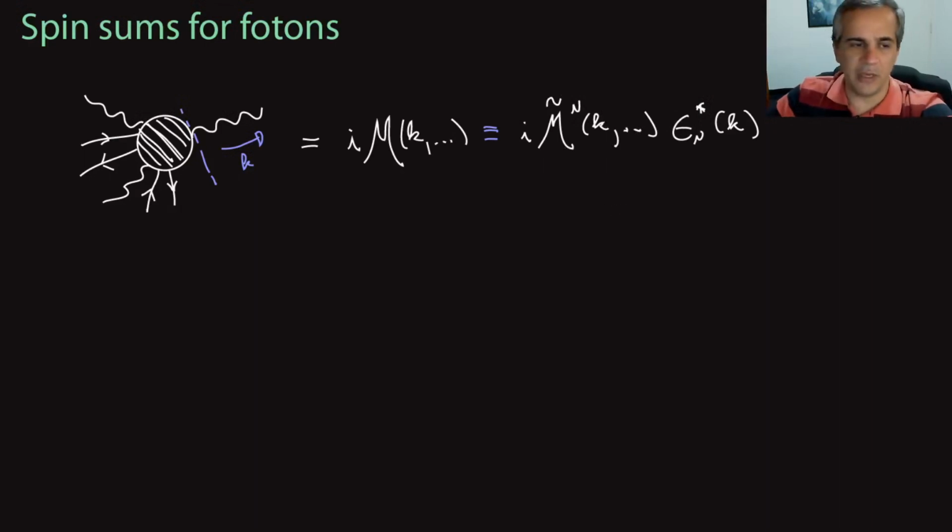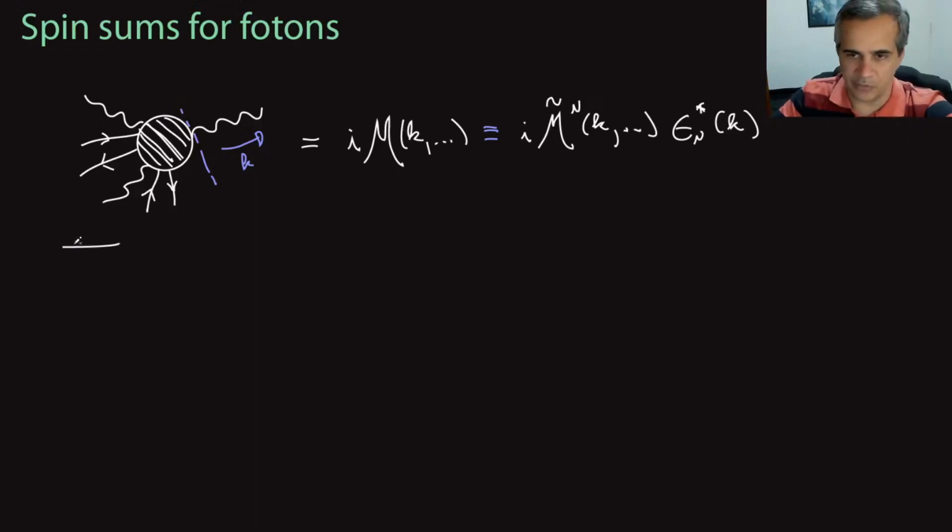And now I have to think how I would go about the polarizations of this photon. Let's suppose, for simplicity first, I'm not looking at the polarization of this photon. I'm measuring photons, so again, same discussion we have with the fermions. If I'm not measuring the state of an outgoing particle, I have to sum over all possibilities.